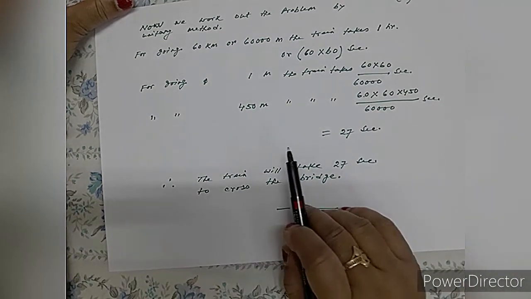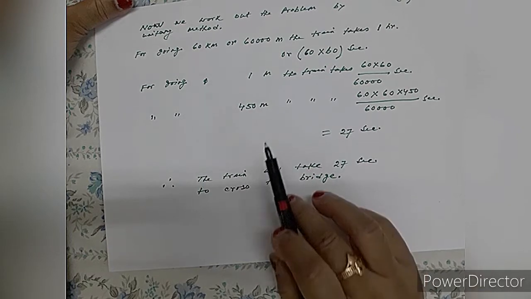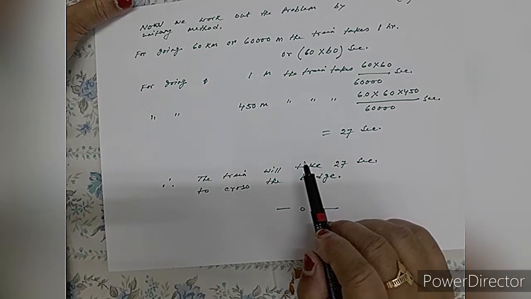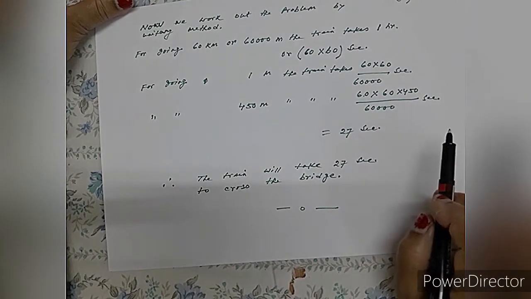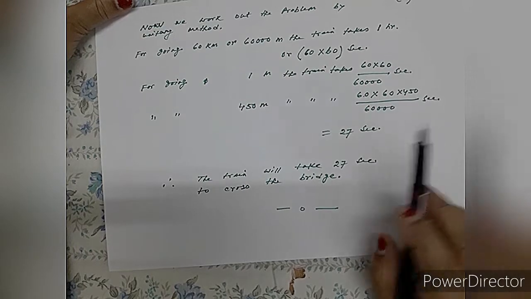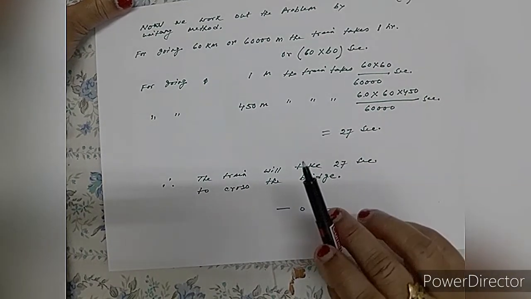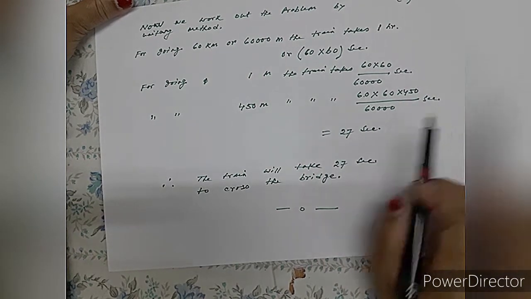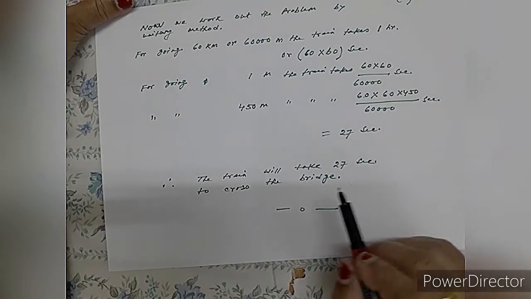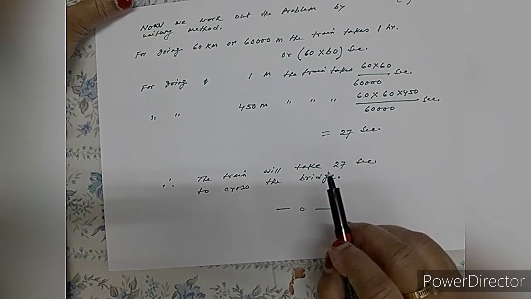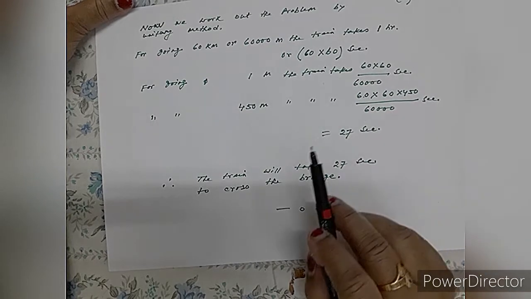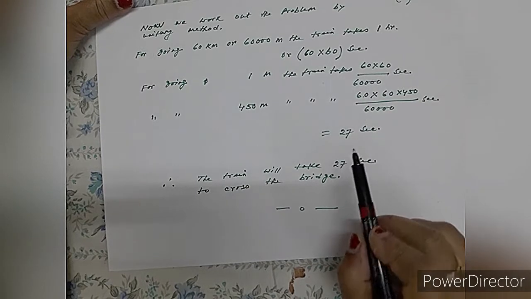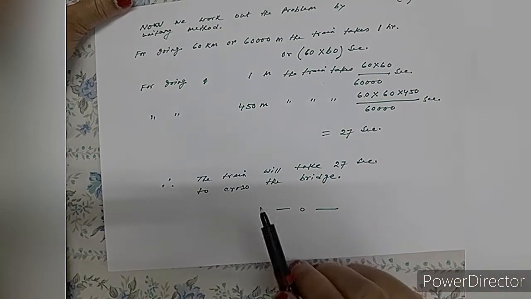But if the train crosses a horizontal object, which may be called a static object, then the train has to cover its own length plus the horizontal length. The process of crossing starts when it touches the bridge, and ends when it has covered the bridge.